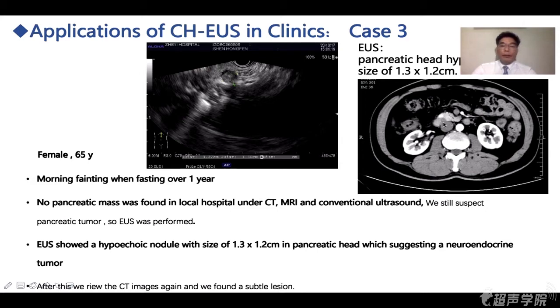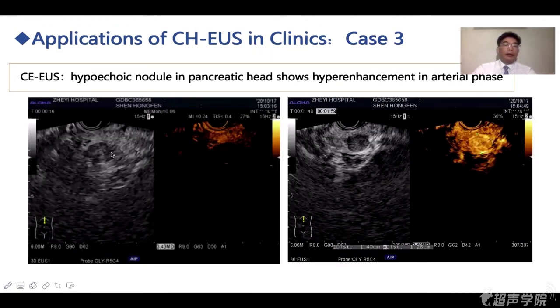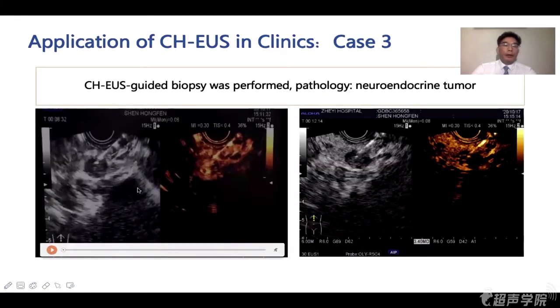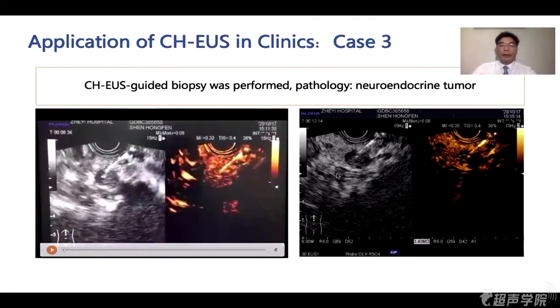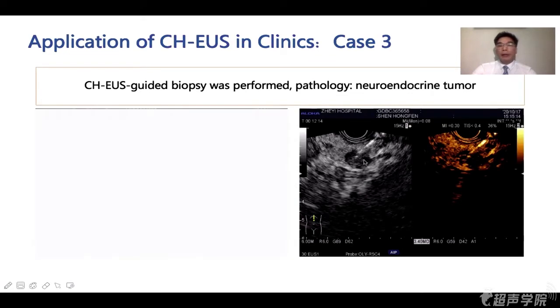After this, we reviewed the CT imaging again, and we found a subtle lesion rich in blood. With CHEUS, the hypoechoic nodule in the pancreatic head shows hyperenhancement in arterial phase. CHEUS-guided biopsy was performed. The pathology showed neuroendocrine tumor.